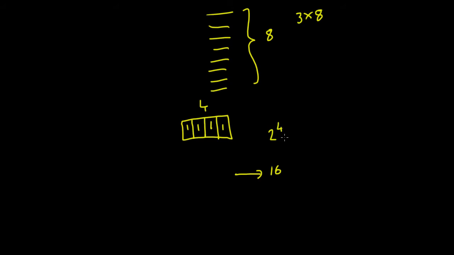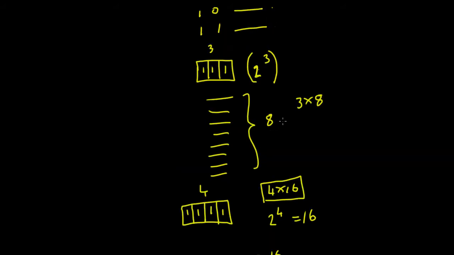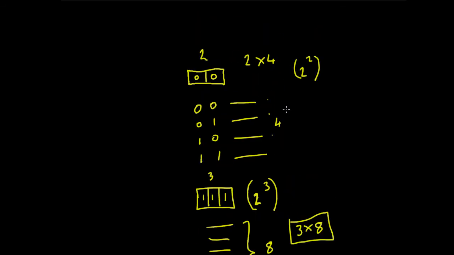That's 2 to the 4, equals 16. So we could call that a 4 by 16 decoder. The other one's a 3 by 8 decoder, and that's a 2 by 4 decoder. All we're really doing is, from the inputs, getting access to each and every individual output.